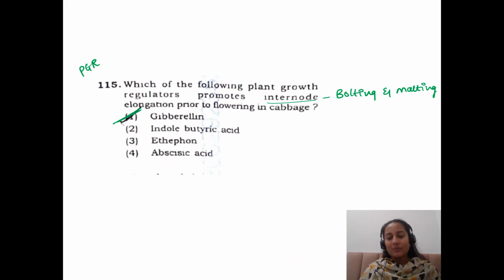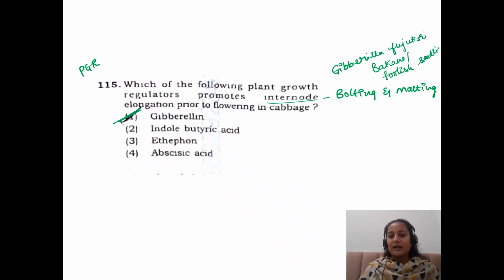They are extracted from fungi, Gibberella fujikuroi, which causes the bakanae disease or foolish seedling disease in rice plants. So that is gibberellic acid. This process is called bolting.